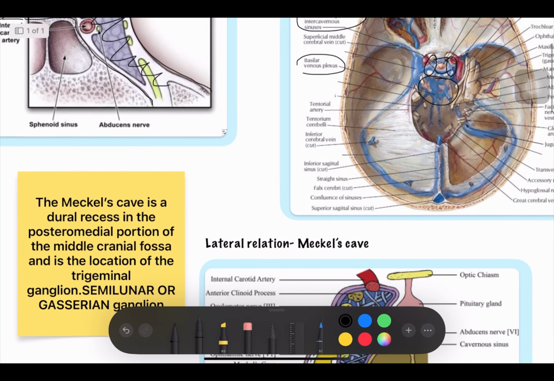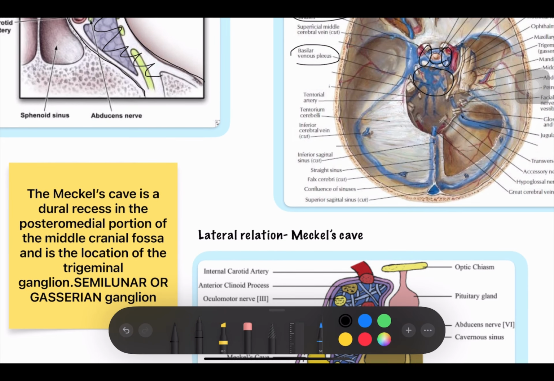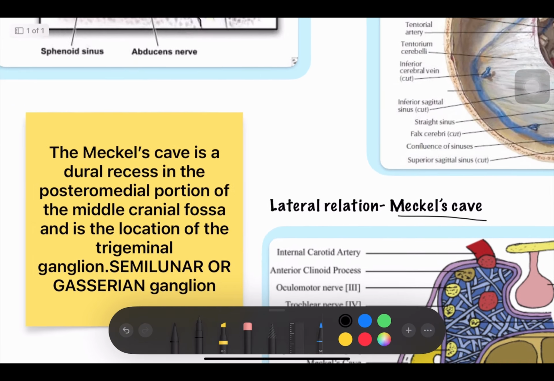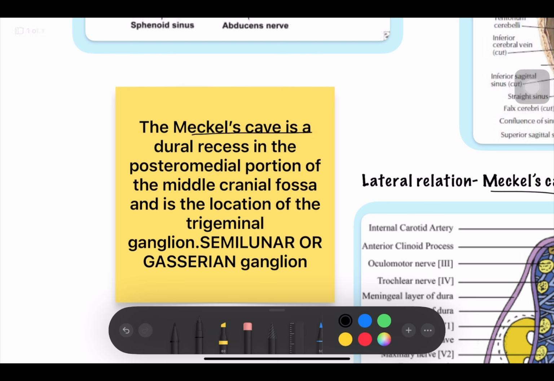The lateral relations of the cavernous sinus include Meckel's cave, which contains the trigeminal ganglion. Meckel's cave is a dural recess in the posteromedial portion of the middle cranial fossa, and it's important as it is the location of the trigeminal ganglion, which is known as the semilunar or gasserian ganglion.